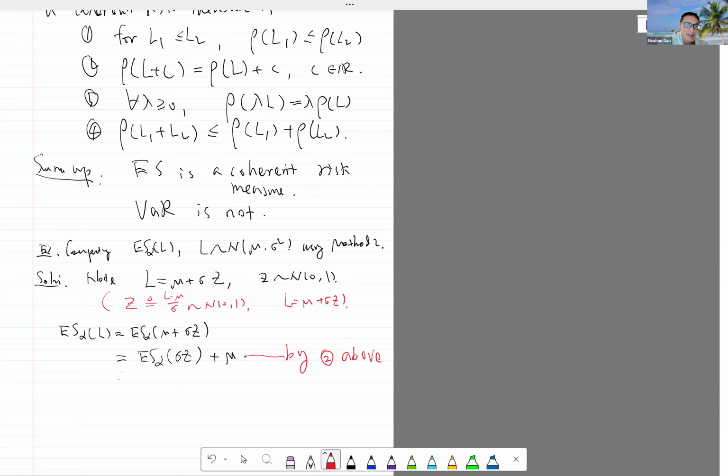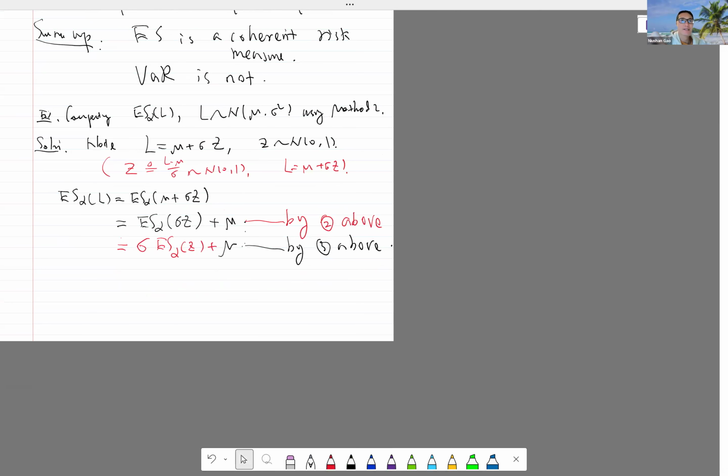Now sigma can be taken out. It is sigma times expected shortfall alpha of Z plus mu. Here I'm using property 3 above. If it's a scalar multiple, it's a number, sigma, right? You can pull it out. So now all I need to do, this is mu, all I need to do is just computing expected shortfall for standard normal distribution.